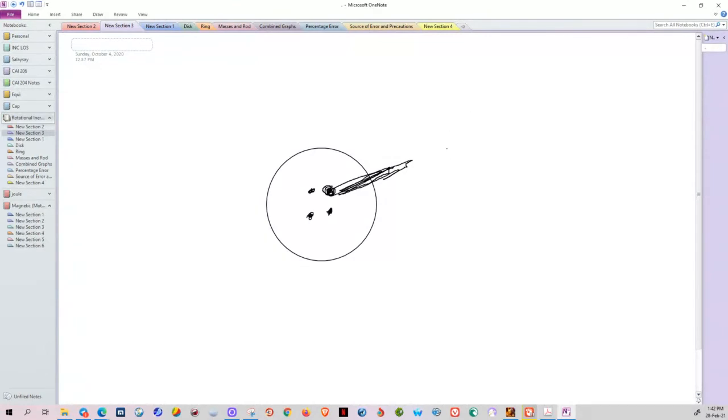So the question is, where do you apply the force in order to remove the tire of your car? Should you apply the force at point A, point B, or point C?